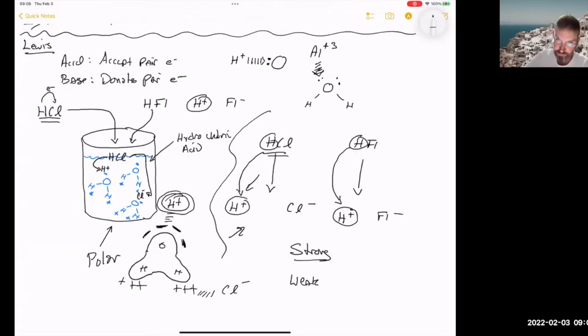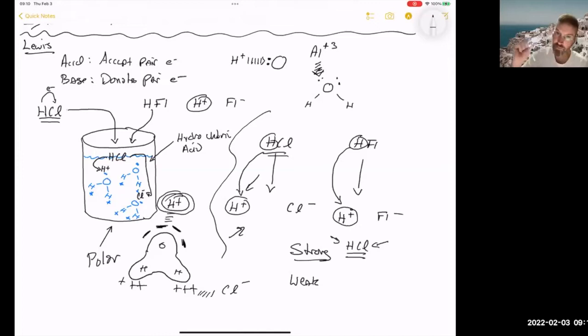A strong acid is something that 100% of the time will break down fully. So hydrogen chloride, or hydrochloric acid, is considered a strong acid. Every single molecule of HCl will break down when you dissolve it in water.